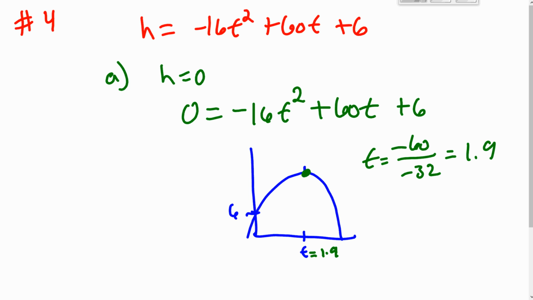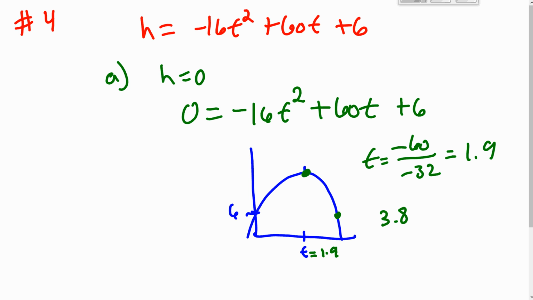I don't really care what its max height is, but if I double that and get 3.8, I'm going to be somewhere probably around 6 feet, maybe a little bit smaller just because I rounded the 1.9. But if I plug in 4, I get like negative 10 or something.